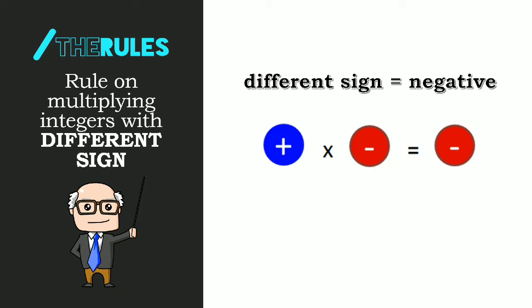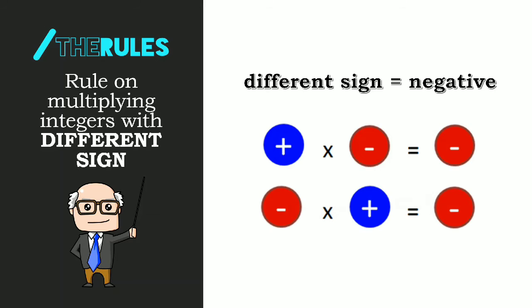Magbibigay po ako ngayon ng example. Positive 5 times negative 2. Our answer is negative 10. Because the multiplicand is positive and the multiplier is negative. That's why we have negative sign because they have different sign. Ito po isa. Negative times positive is equal to negative.